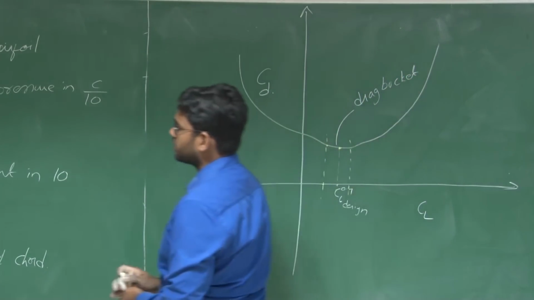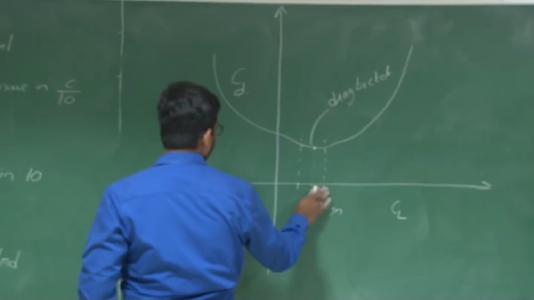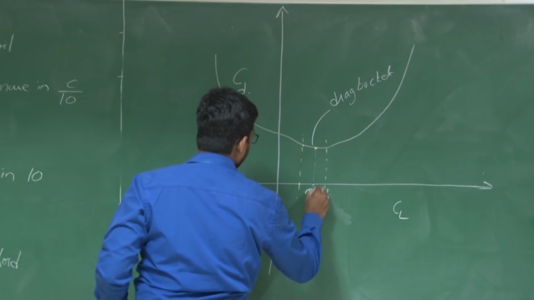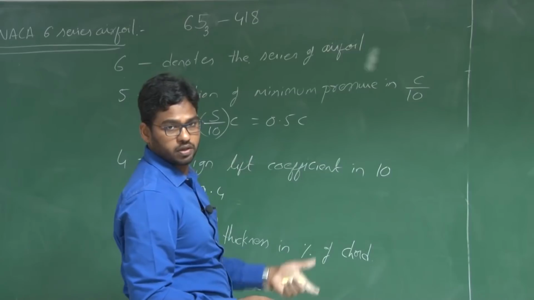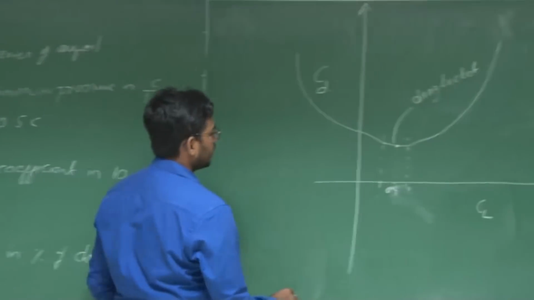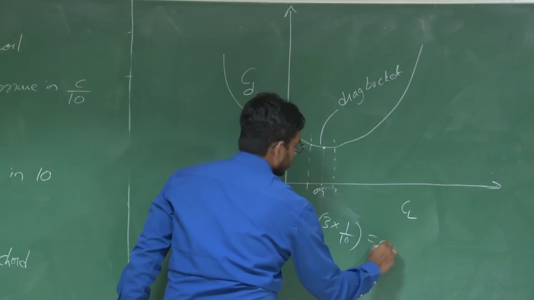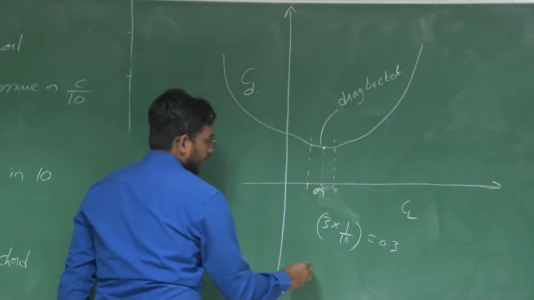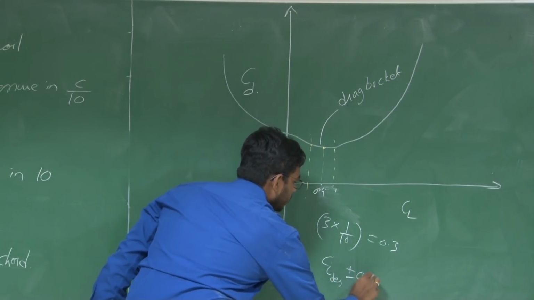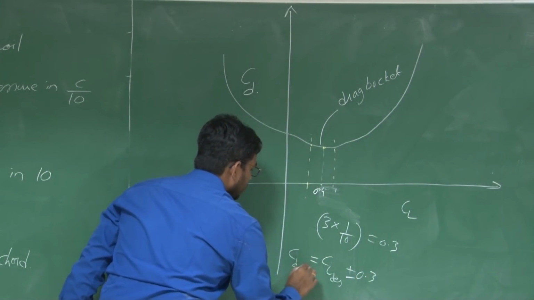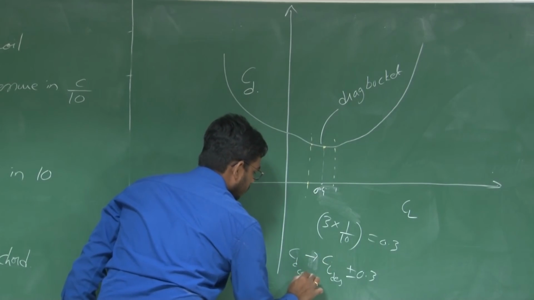So here in this case 0.4 is your design CL. Now the subscript 3, 3 by 10, is 0.3. So you have CL design plus or minus 0.3, and the CD remains almost constant.